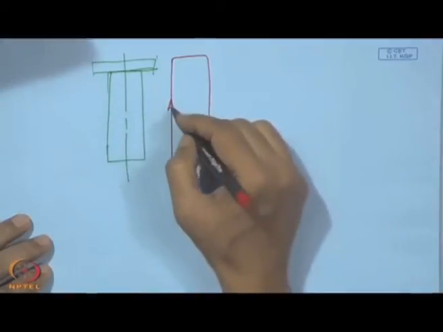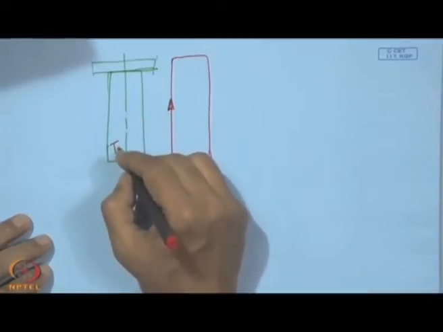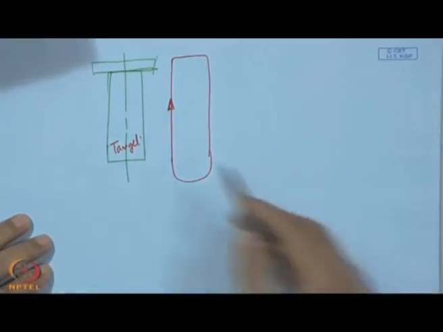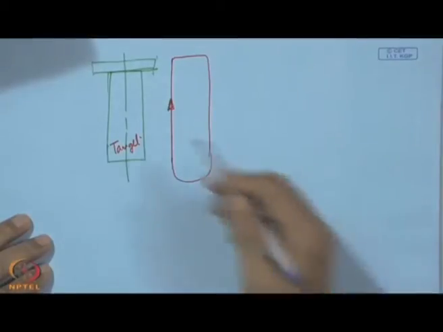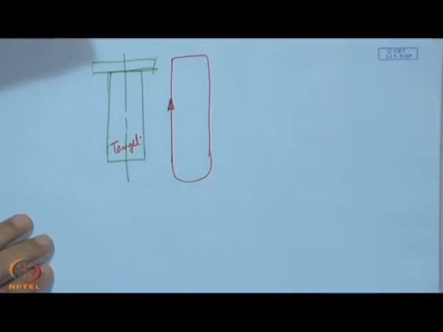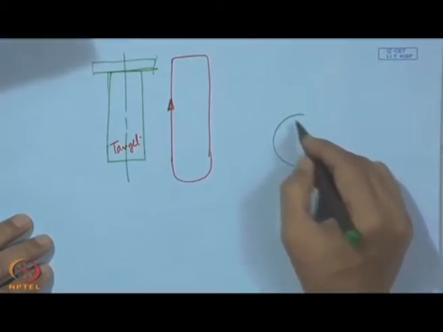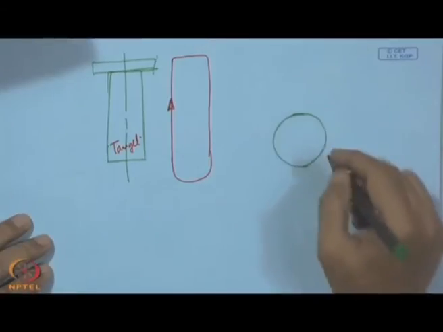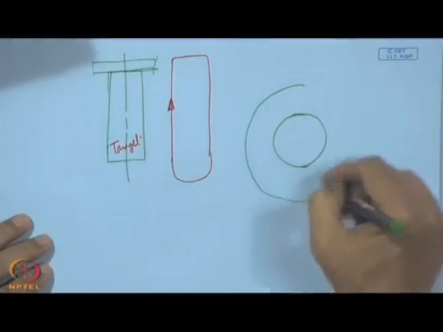So, inside we have this direction of the field, and then this is the target, that means the cathode. If we look at the top view of this whole system, this will be the cylindrical target looking from the top, and then you have the chamber somewhere here, that is the chamber wall.